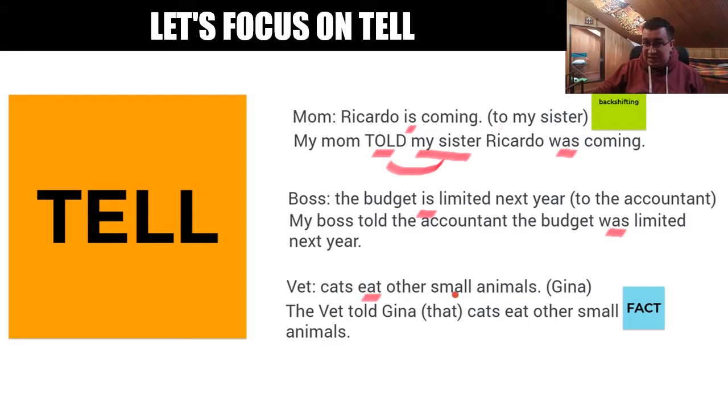For cats, it's natural. So we can go like this: The vet told Gina, cats eat other animals. As you can see here, backshifting doesn't necessarily happen. Why? Because this is not a message, this is a fact. And when we have facts, well, we try to stick to the present simple.